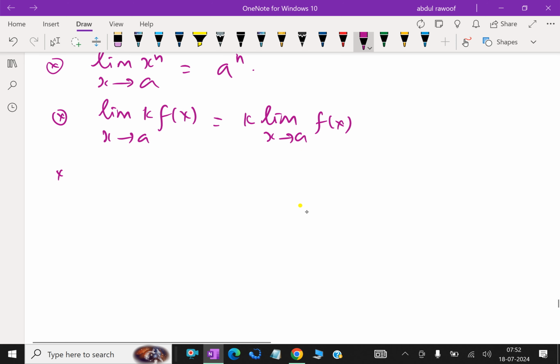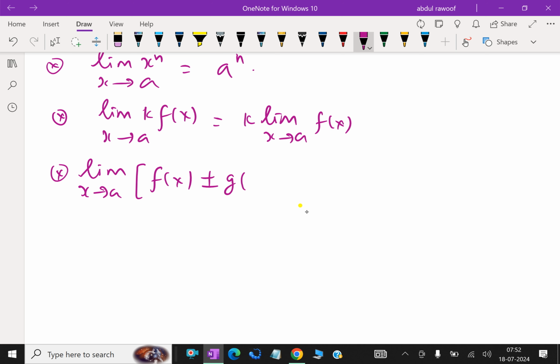Next one, the limit as x tends to a of f of x plus or minus g of x. Here the two functions are under the limit, so we can write the limits separately. That is the limit as x tends to a of f of x plus the limit as x tends to a of g of x.